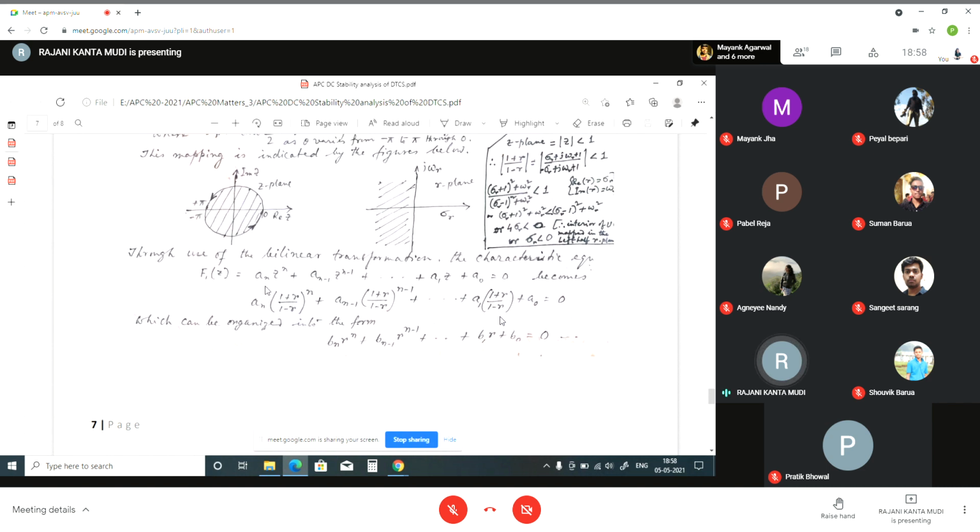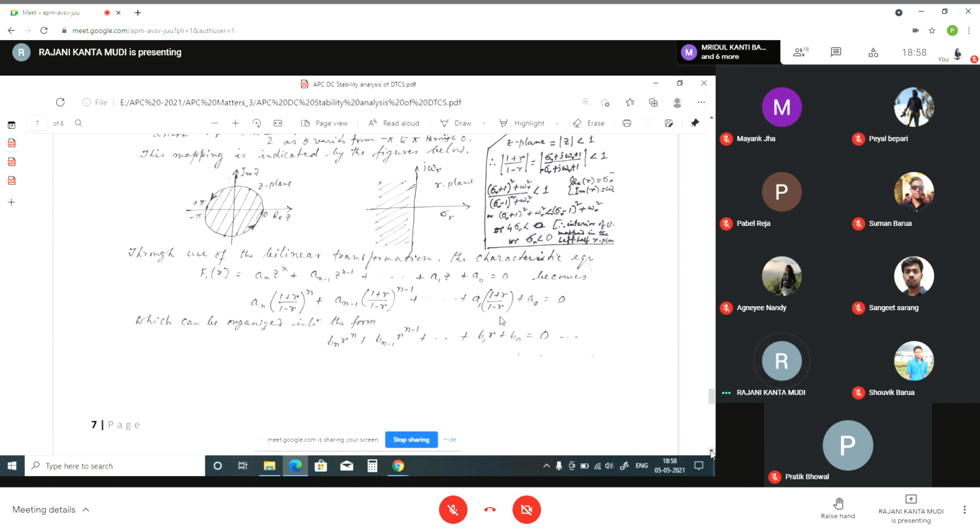Now this characteristic equation expressed in z is converted to a characteristic equation expressed in terms of r. What is the difference between these two variables? In the z domain, the stability boundary is a unit circle, but this boundary is mapped to the left half of the r plane. Now we can apply the Routh-Hurwitz criteria in the r plane.